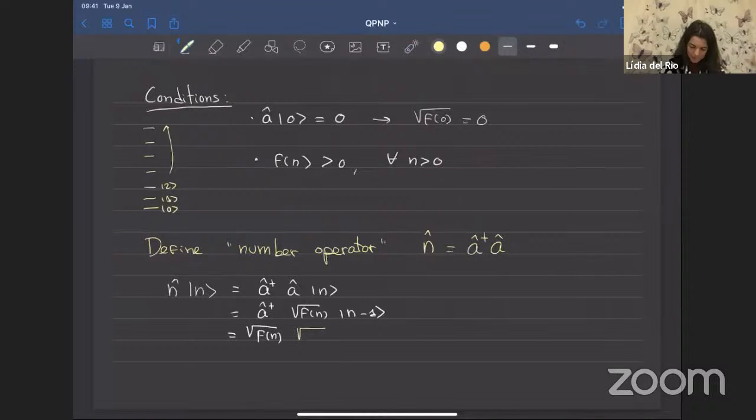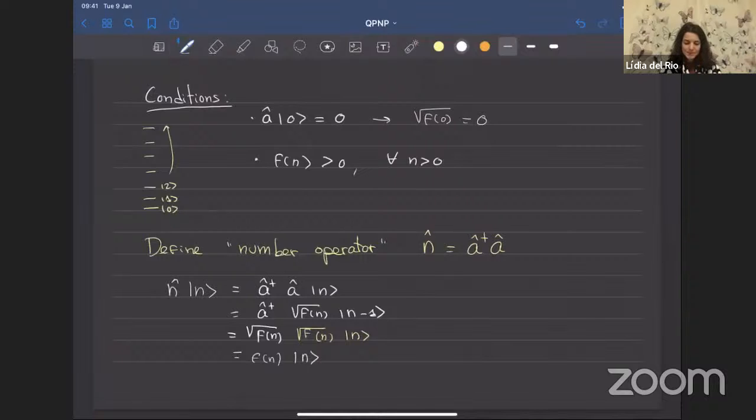So that's going to be square root of f of n minus 1 plus 1. So that's n again. So this whole thing is just f of n.